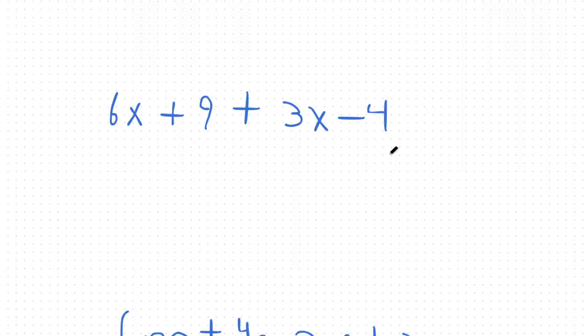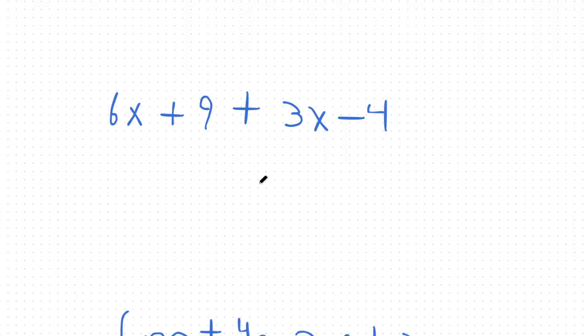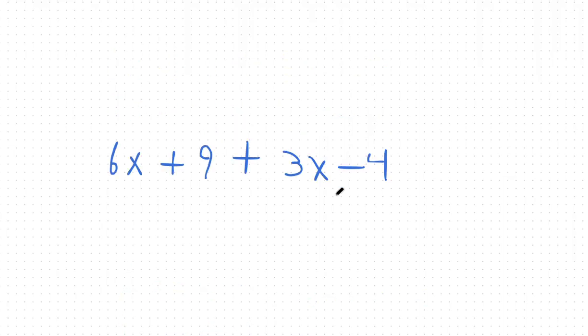We have 6x plus 9 plus 3x minus 4. So now we have four terms, two x terms, then we have two terms with no variable.